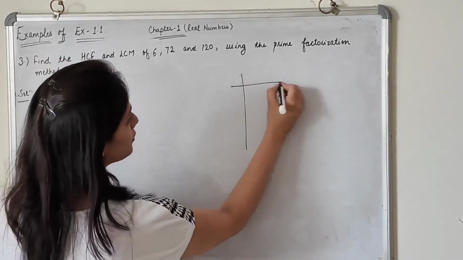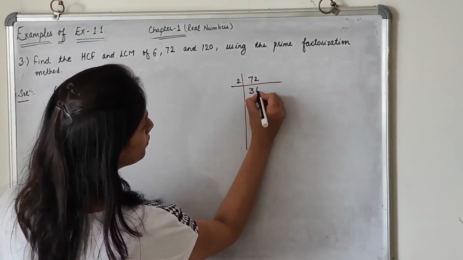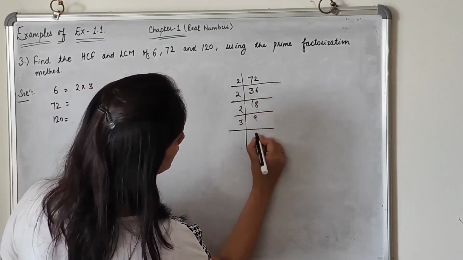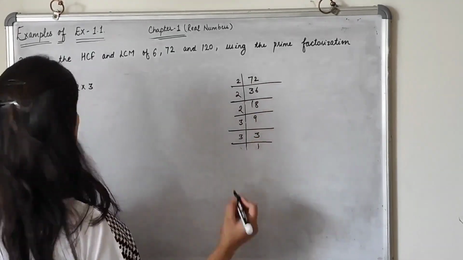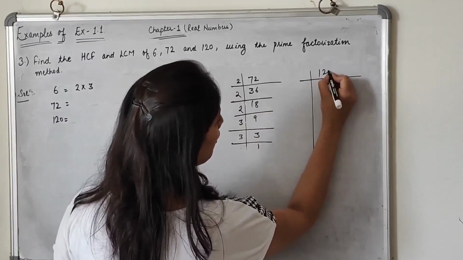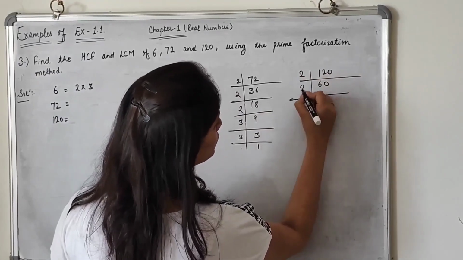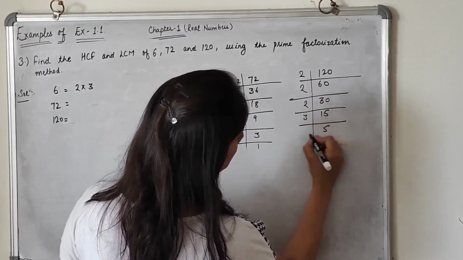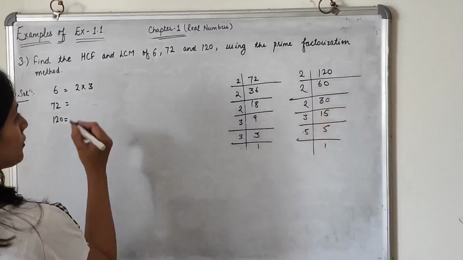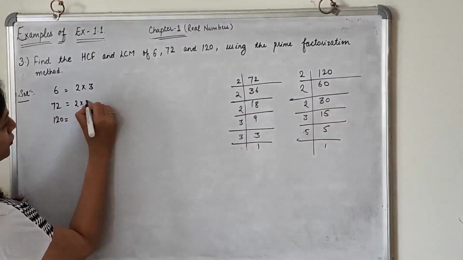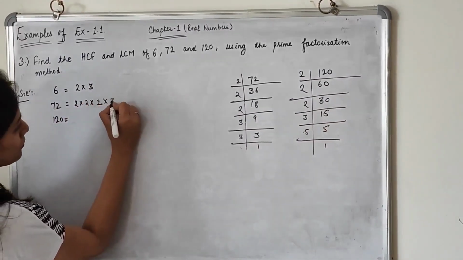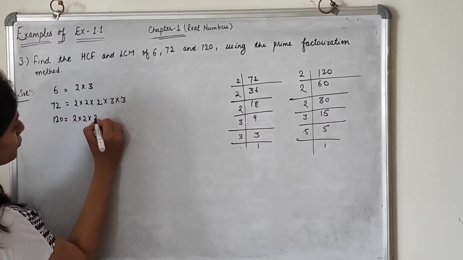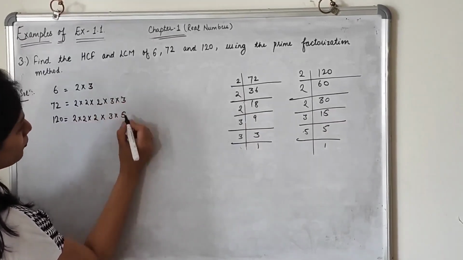And what will be the prime factors of 72? 2, 36, 9, 3, 3, 3, and 120, 60, 2, 30, 15, 3 times 2, and 3 times 2, 1 times 3, 5.